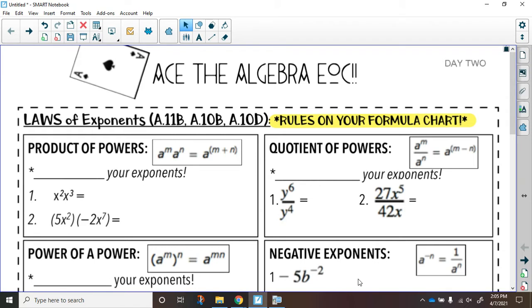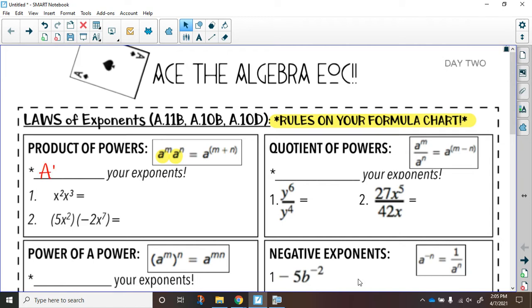The first rule that we're going to focus on is the product of powers. When we are multiplying two bases together, so I'm multiplying A times A, we are going to add our exponents.